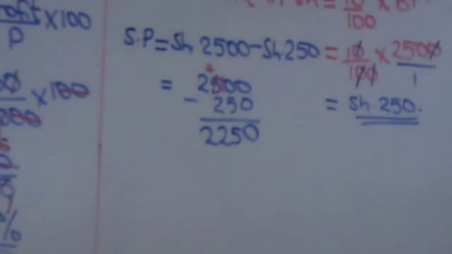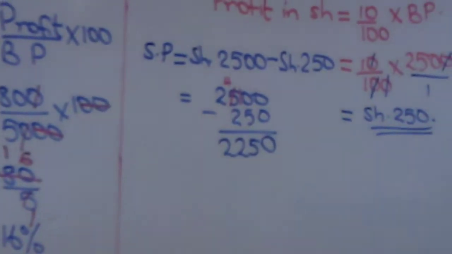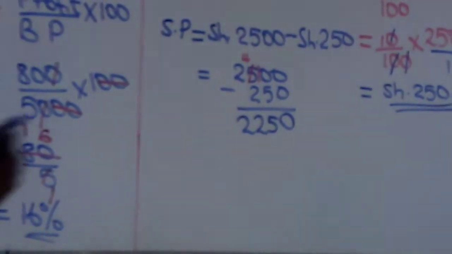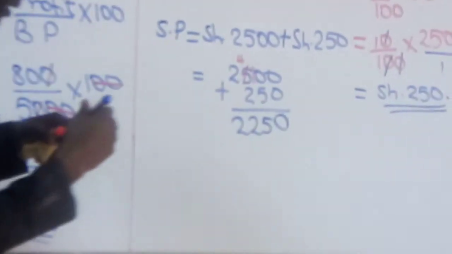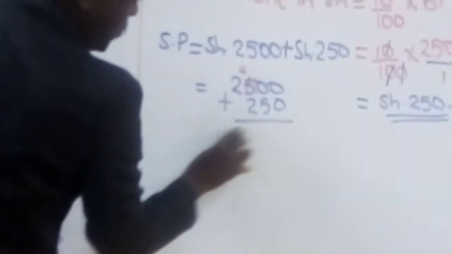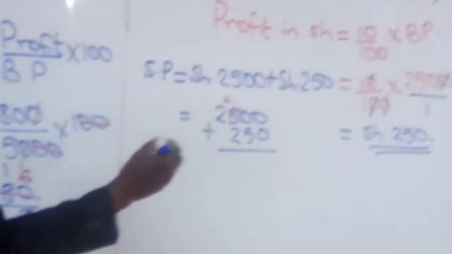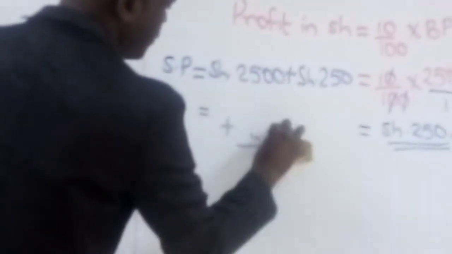Boys and girls, the selling price is supposed to be plus. Sorry, boys and girls, it's supposed to be plus, not subtract. I beg your pardon. We say man is to err, and to err is human. So let us add. Sorry, let me write it afresh.